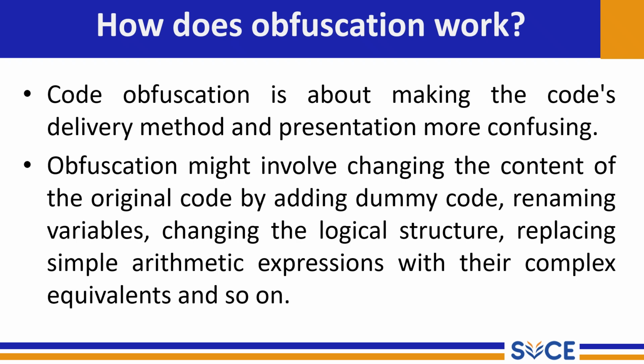How does this obfuscation work? Code obfuscation is about making the code's delivery method and presentation more confusing. This might involve changing the content of the original code by adding dummy code, renaming the variables, changing the logic structure, or replacing simple arithmetic expressions with their complex equivalents, and so on.